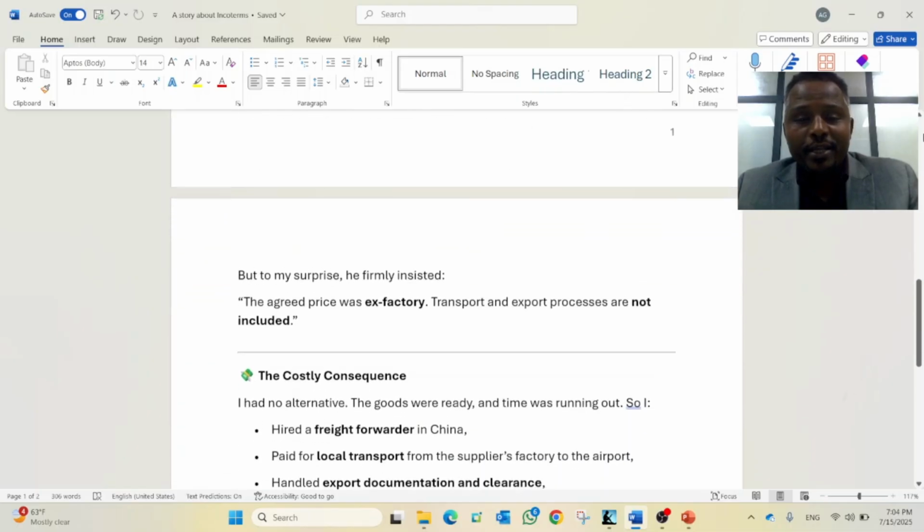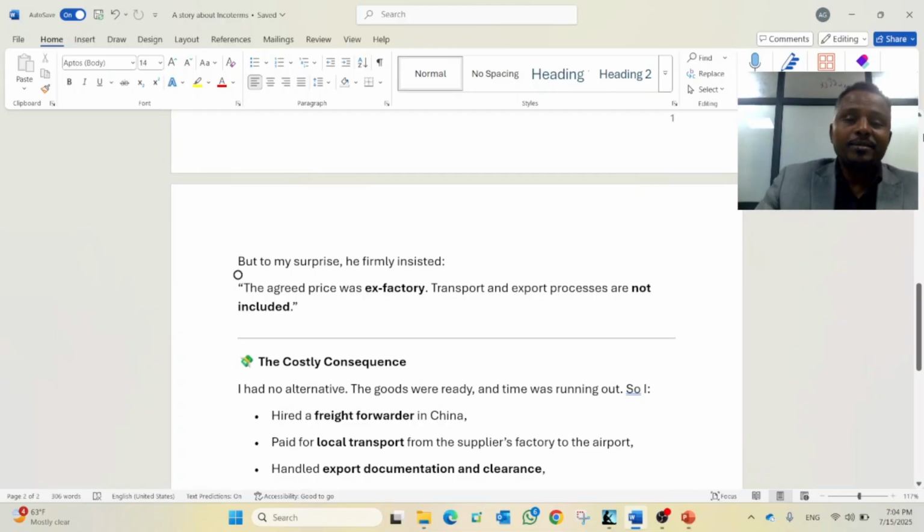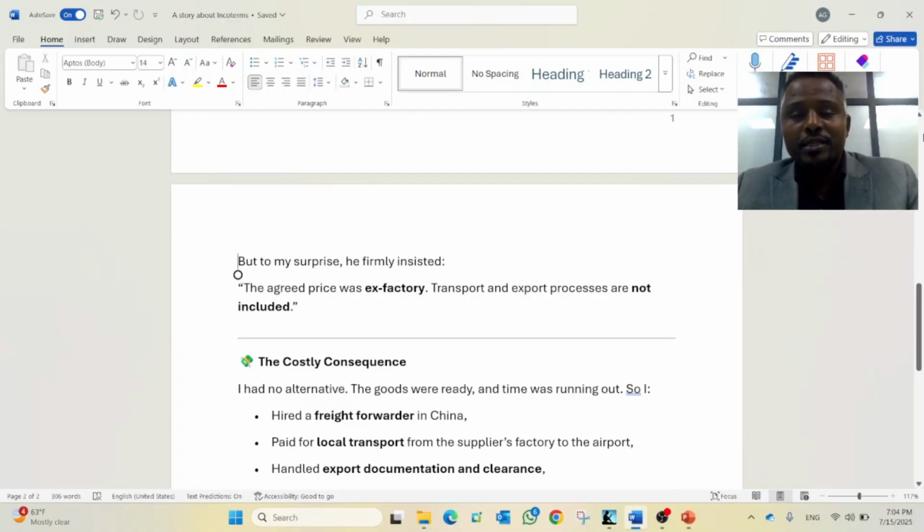But to my surprise, he firmly insisted that his understanding was that the agreed price was Ex Factory. But Ex Factory was not indicated or specified in the pro forma invoice or in the sales contract. He assumed transport and export process were not included. It was open, not specified.